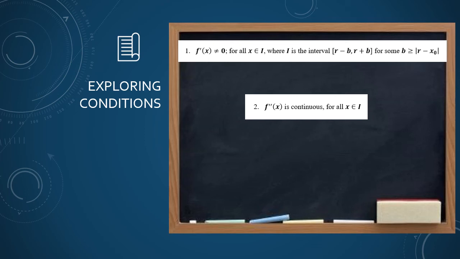And why do we need it? Well, if you recall from our equation, x of n plus 1 is equal to negative f of x of n over f prime of x of n, plus x of n.